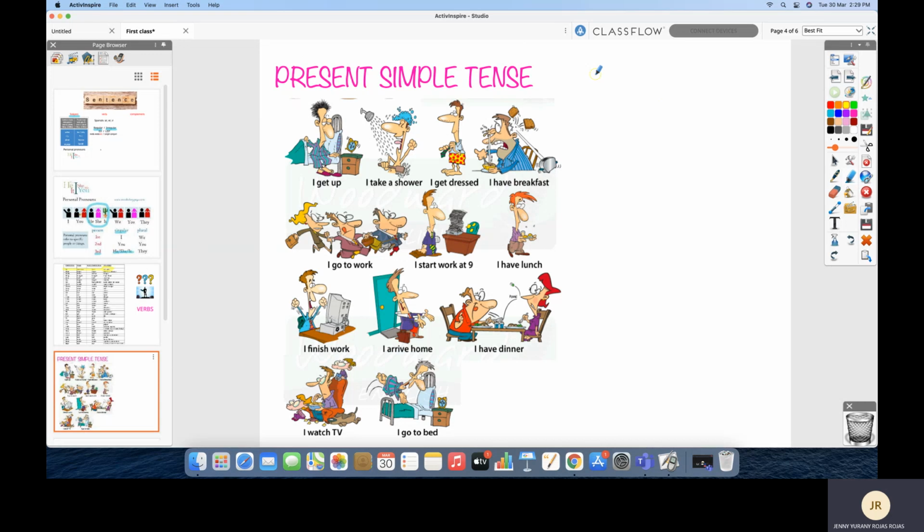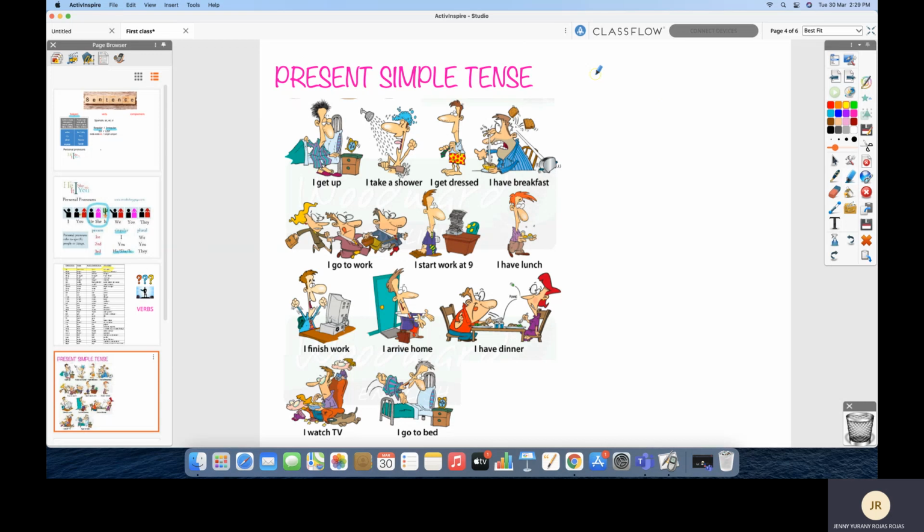If you ask me, I consider that present simple tense is one of the most difficult tenses in English. Why, teacher? Why is it difficult? Because it involves different information, or it has different spelling rules that we must keep in mind when using it.